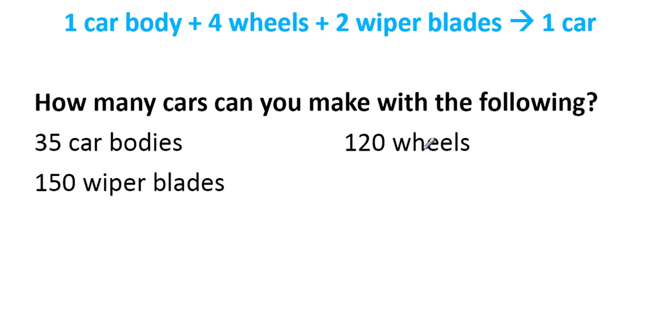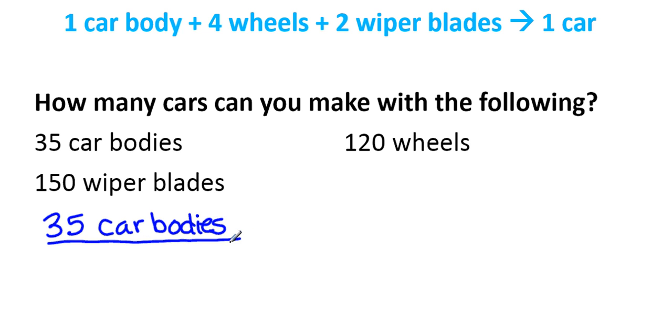So what if we looked at car bodies first, since it's the first one here. 35 car bodies is what we have, and we're going to divide it by how many car bodies you need per car. 1 car body per car.